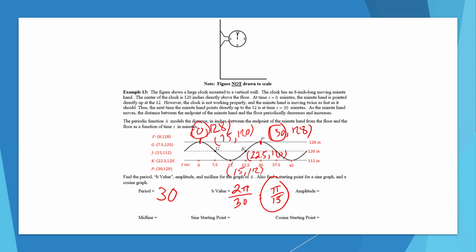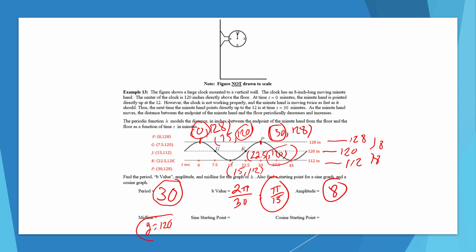Our amplitude is going to be from the midline, which is at 120, to our max, which is 128, or from 120 to 112. Either way, you're going to get a distance of 8, so that is our amplitude there. Midline, I kind of already said this. It's going to be that line in the middle, so you look at the y-coordinate for either g or k. That's y equals 120, so that is going to be our midline there.